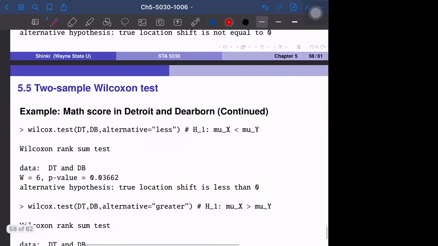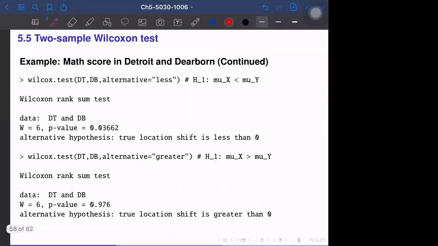Yeah, so you can also do a one-sided test. If the alternative is less, then basically the p-value is only one side, so only smaller W rejects the null. And if the alternative is the other way, that Detroit has significantly higher scores than Dearborn, that is very unlikely because on average, Detroit has lower scores.